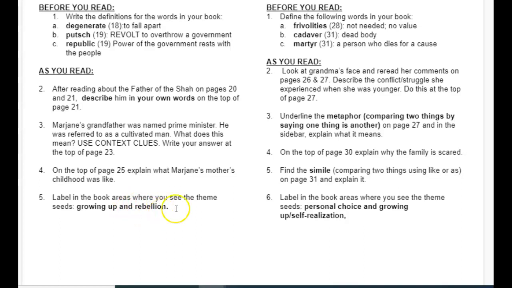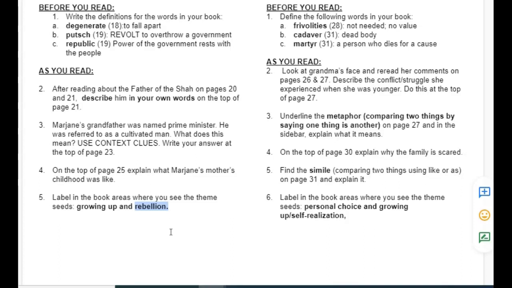So you're going to go back through your reading whenever you finish, and you're going to look at that chapter a second time, and you're going to say, where did I see examples of Marjane, the main character, growing up? Maybe she realized something new. Or you're going to think, where did I see Marjane rebelling or going against what she was told to do?